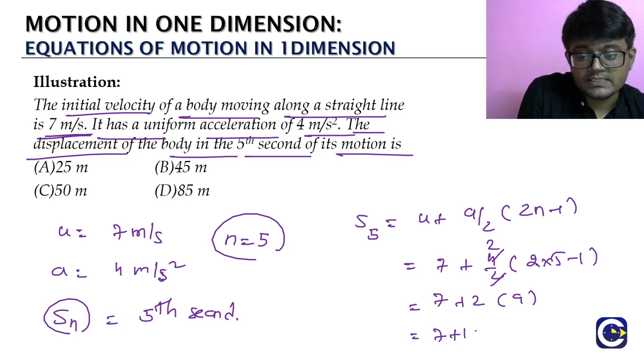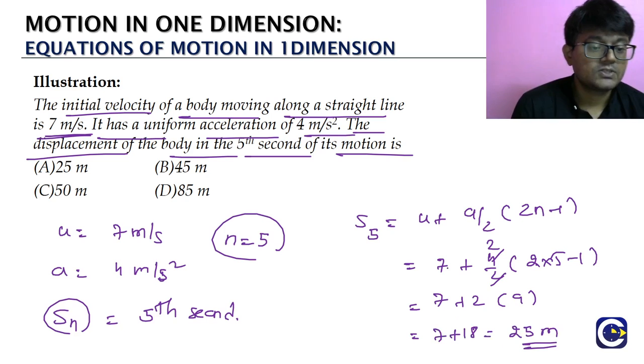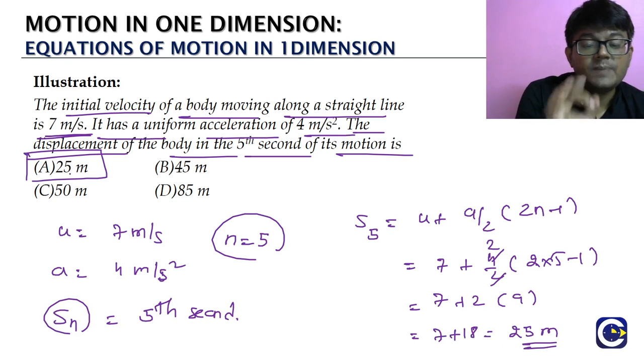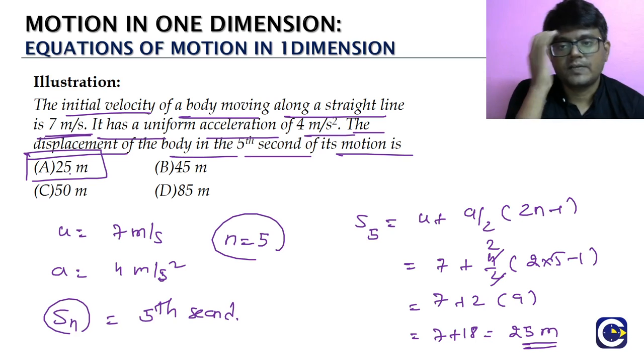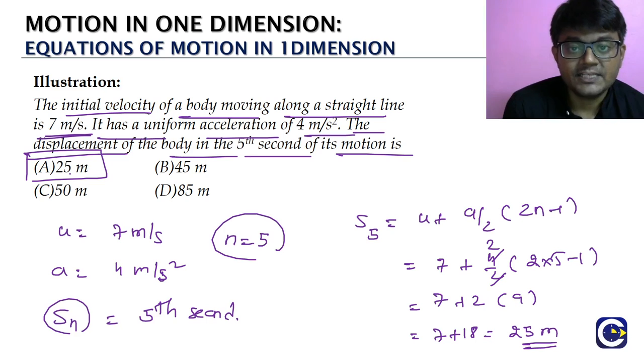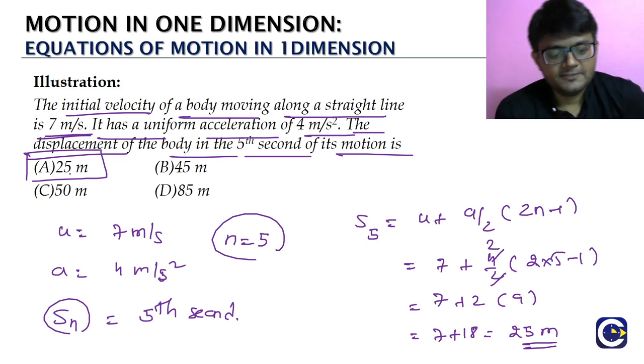So 7 plus 18 is 25. The answer is option A. This is what we call the Sn formula, the displacement of the body in the nth second.